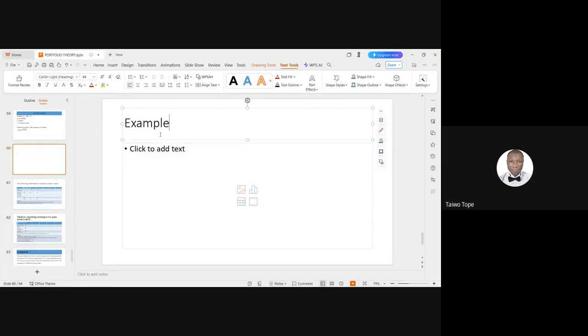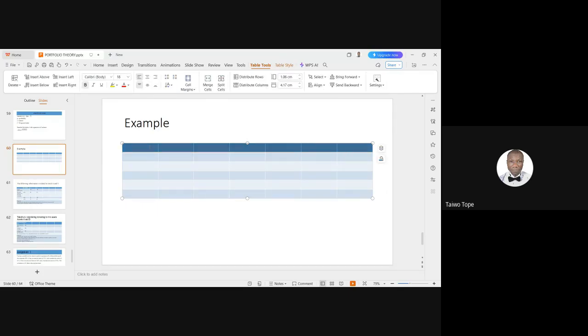So we have an example. From the table below, compute the expected return, variance, and standard deviation.